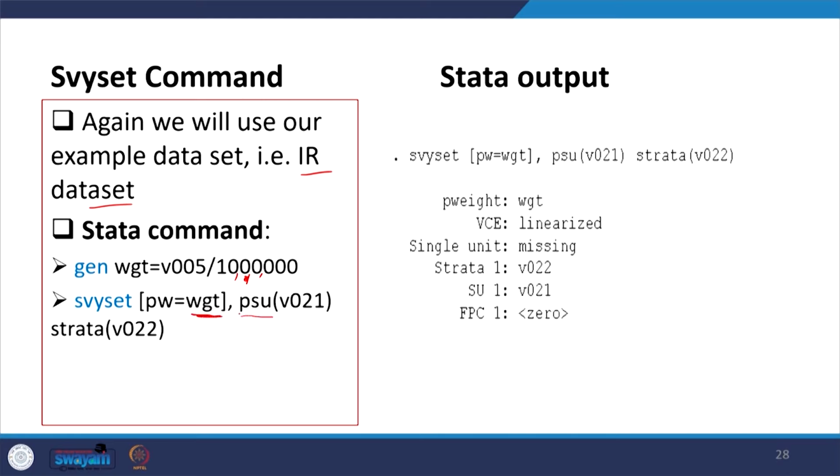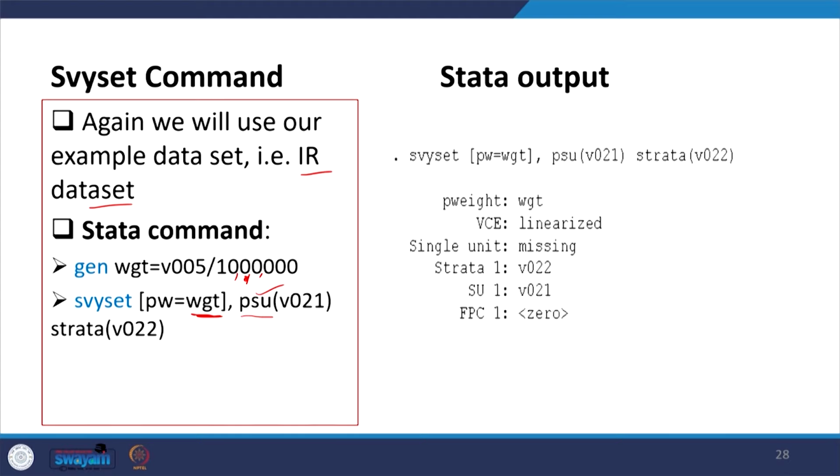Now the primary sampling unit is also defined with the variable V021, and it is given in the report of that data set. You need not be confused about what the primary sampling unit is; it is clearly defined in the report, and the strata variable has to be defined as per the instructions. Here is the strata output.